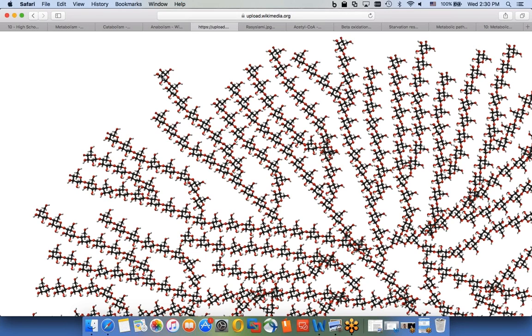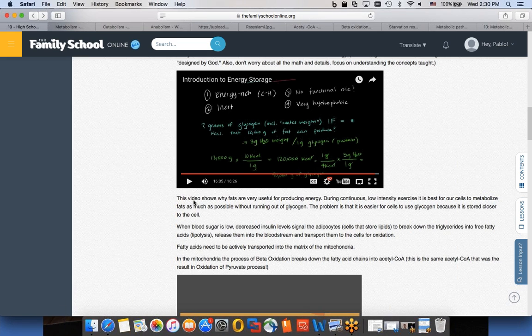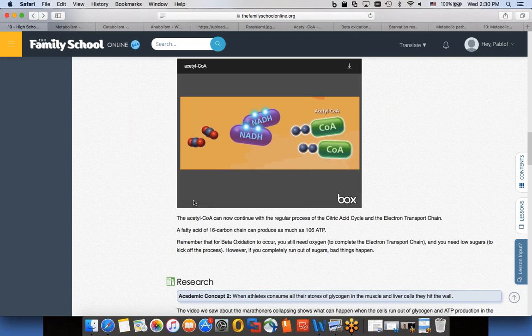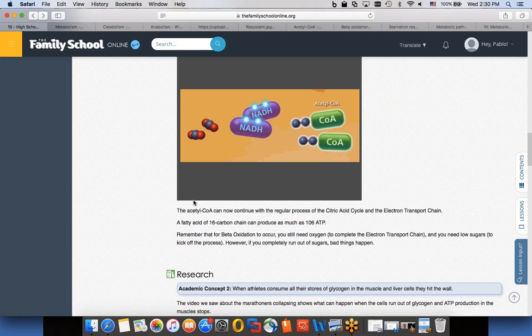We have 1, 2, 3, 4, 5, 6. You see that this is the glycogen, but it's made out of glucose. Each one of those has 6 carbons. So 6 carbons gave us how much ATP in cellular respiration? Was that 32? That's right, yes, 32. So 6 carbons, we get 32.